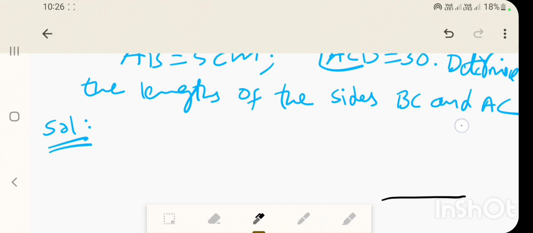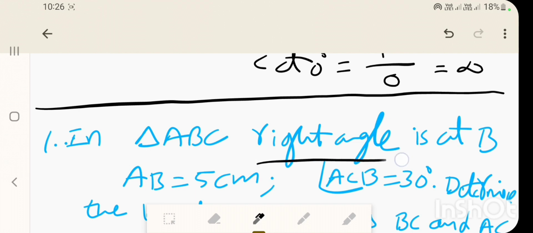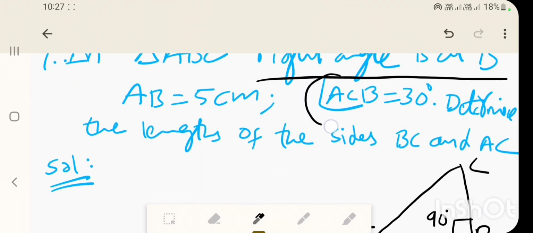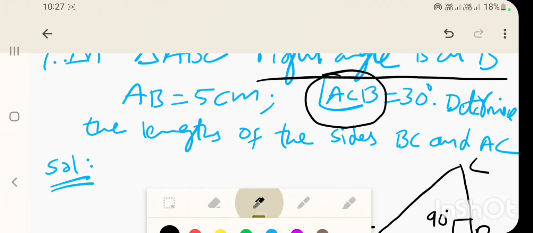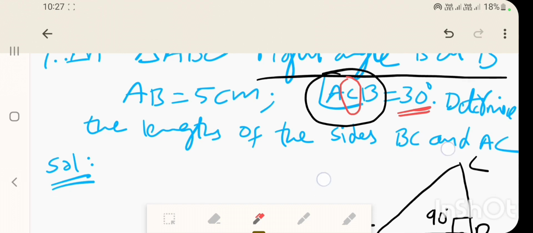So it's a right angle triangle, and they mentioned that the right angle is present at B, that is 90 degrees. So we can take it as ABC. And for angle ACB, which is given in the problem, always remember that the center letter in ACB represents this angle, 30 degrees.